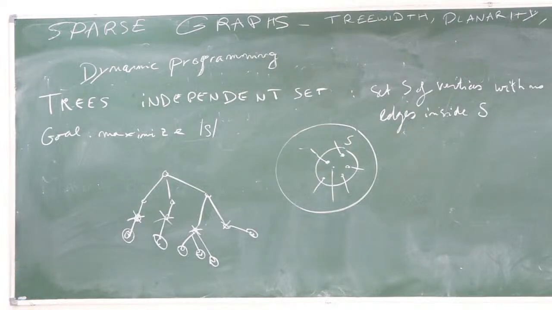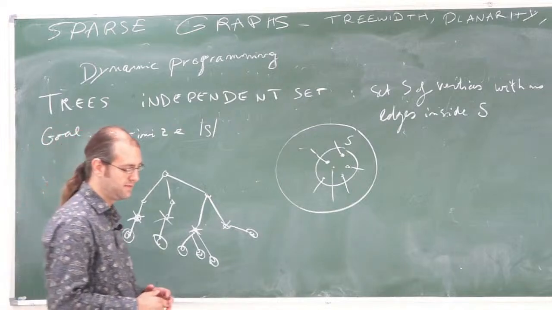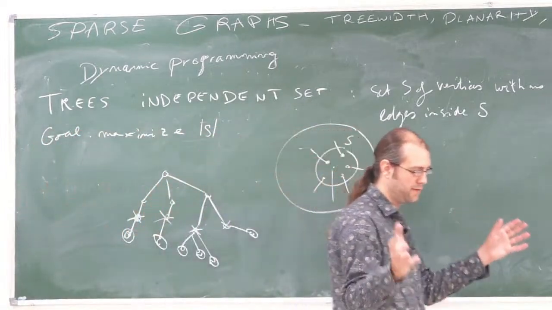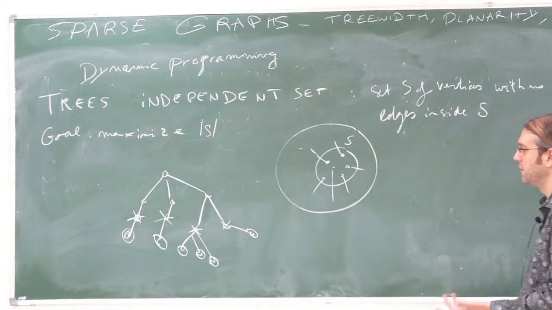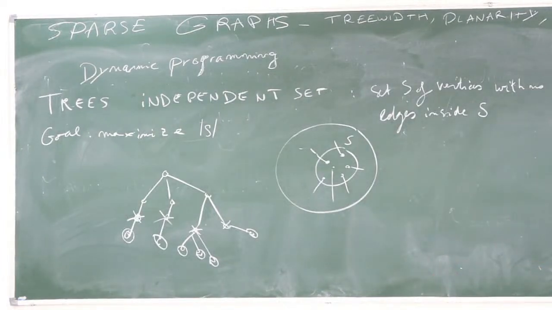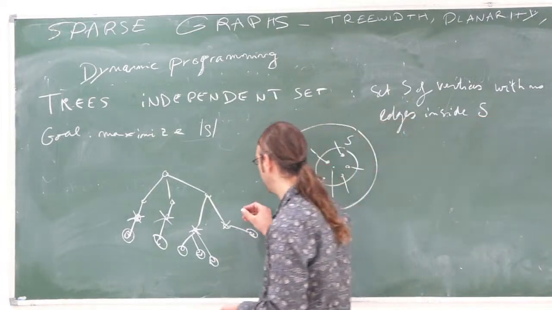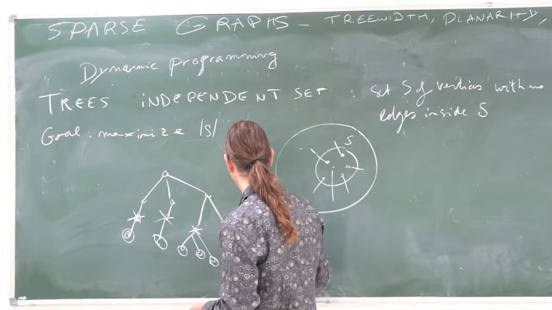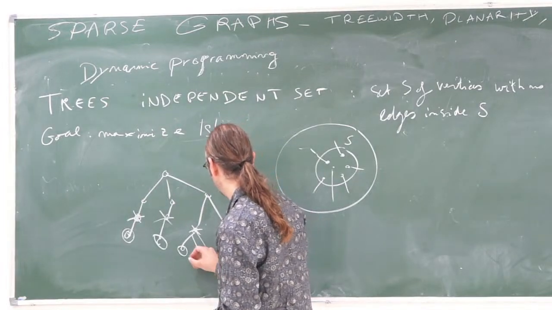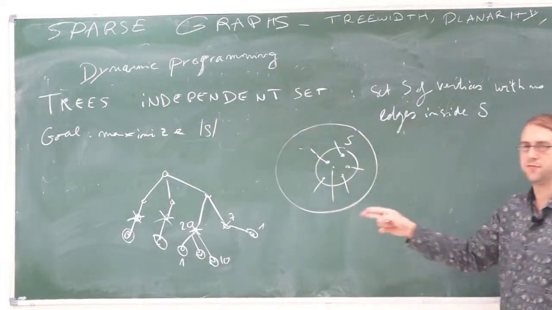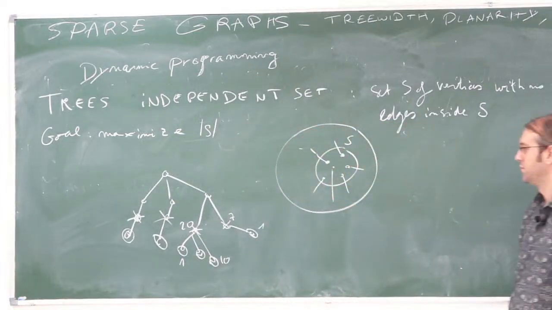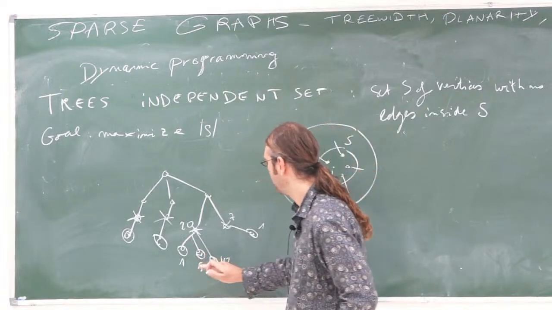Okay, by the way, many times when people study independent sets, whether it is on trees or, for example, on perfect graphs, which is a very famous problem you can solve on perfect graphs, they are usually also able to solve the weighted version where you put weights on the vertices. And now the problem becomes more tricky, and this simple algorithm doesn't work. Because here, for example, it is not good to take the leaves.